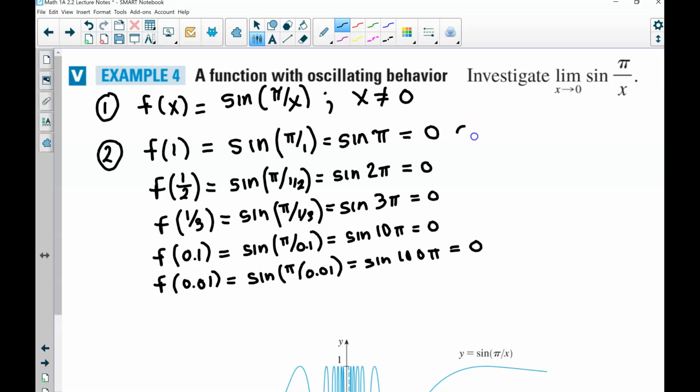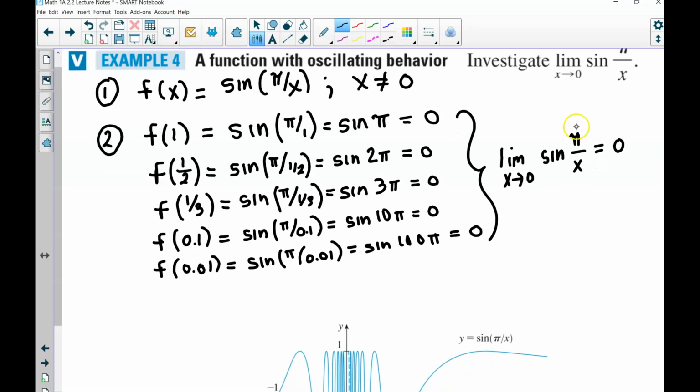So by looking at these scenarios and guessing, we could be tempted to say that the limit as x approaches 0 of the function sine of pi over x is equal to 0.